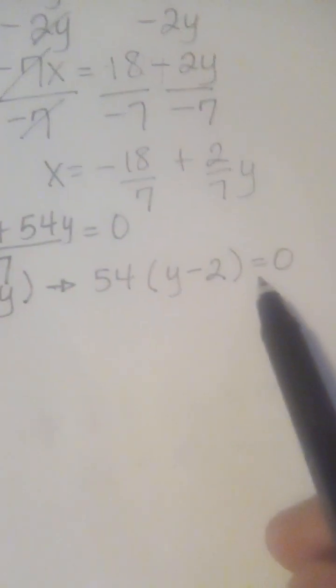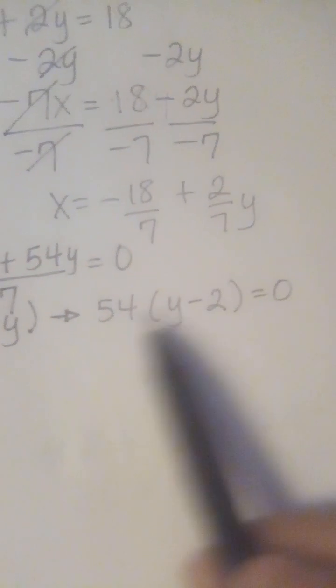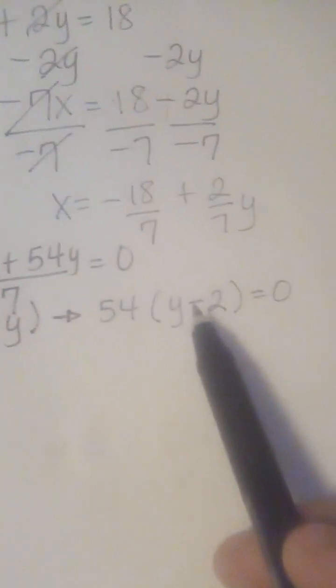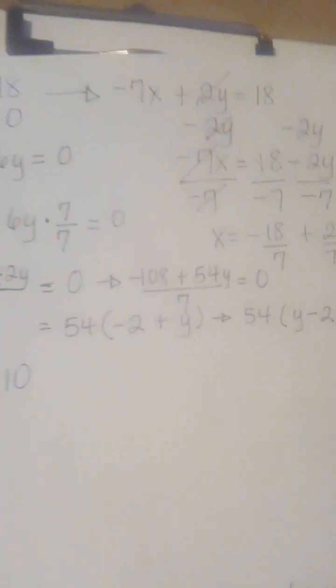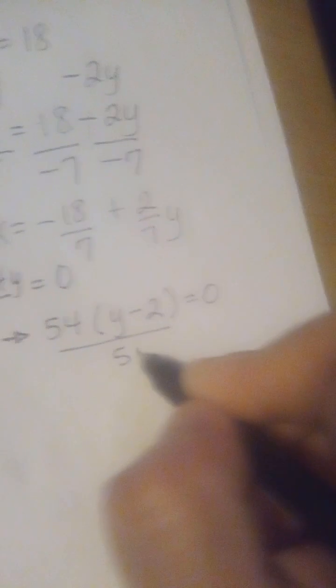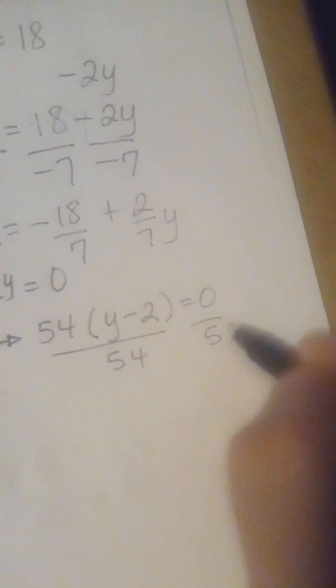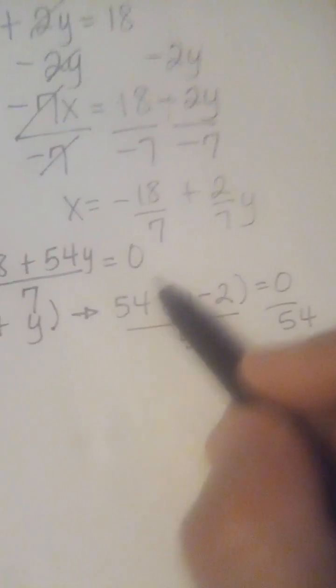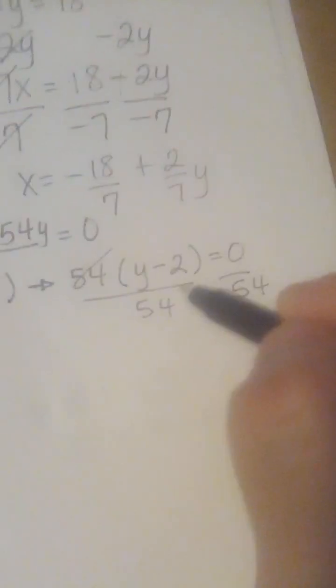Okay, now we're almost done. We could do this. Okay, can you see that? In order to do this, we had to divide by 54 on both sides, right? That crosses out the 54s.